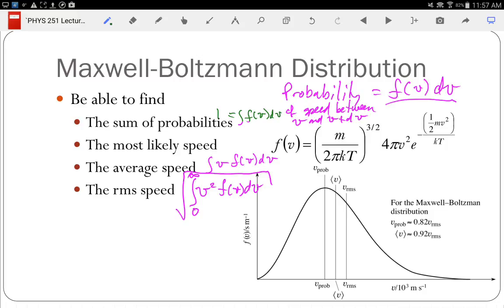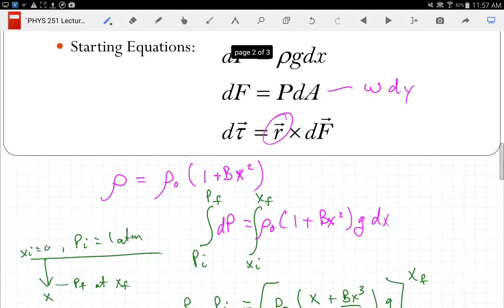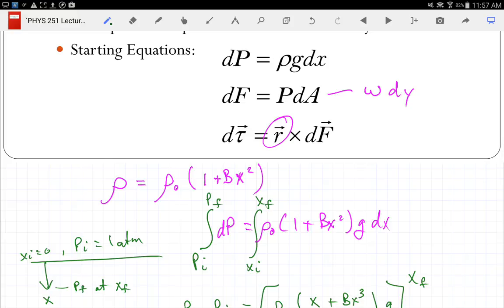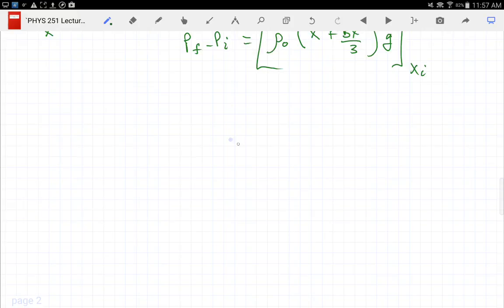Yeah, go ahead. So, on the force of the dam caused by water, I just had the P is pressure, that dA. Can you run through finding the dA real fast? Okay, so we have a dam. If we look at the side view of the dam, we see something that looks like this. Here's the water level.